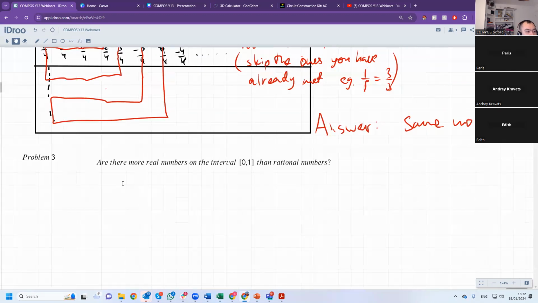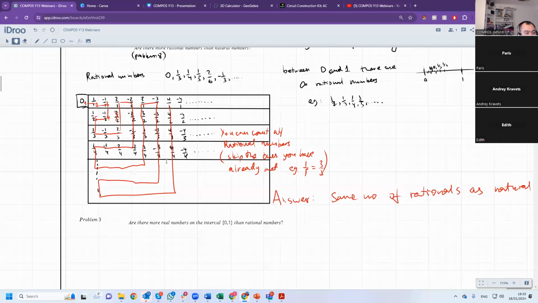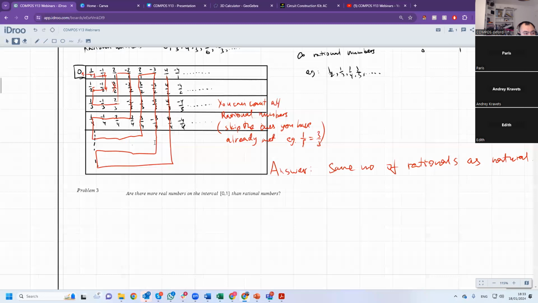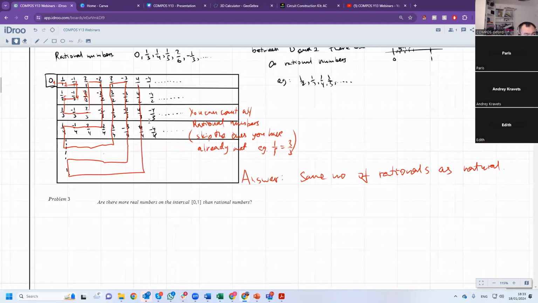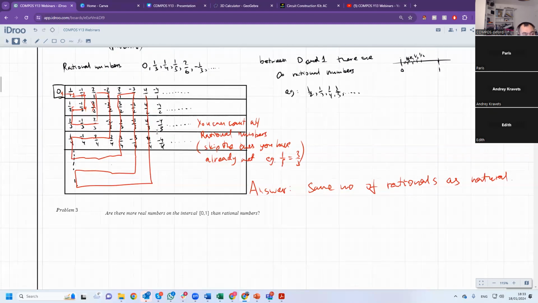There's numbers in between. There won't be numbers in between, but we will match them all. It's just they don't go in a row. The table contains all possible rational numbers. There are no rational numbers that are not in this table.